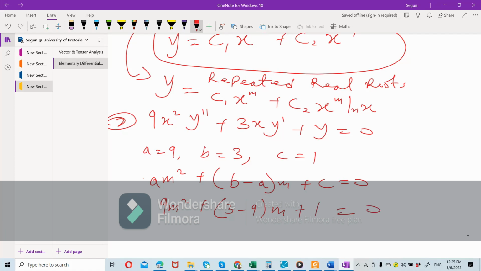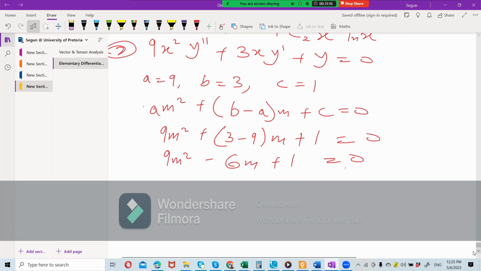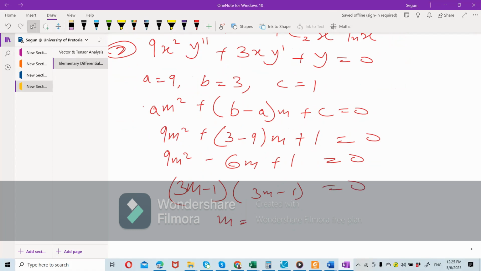So what do we have? 9m squared minus 6m plus 1 equals to 0. So at the end of the day, we have (3m minus 1)(3m minus 1) equals to 0. m is equals to 1 over 3 and it's also equals to 1 over 3.